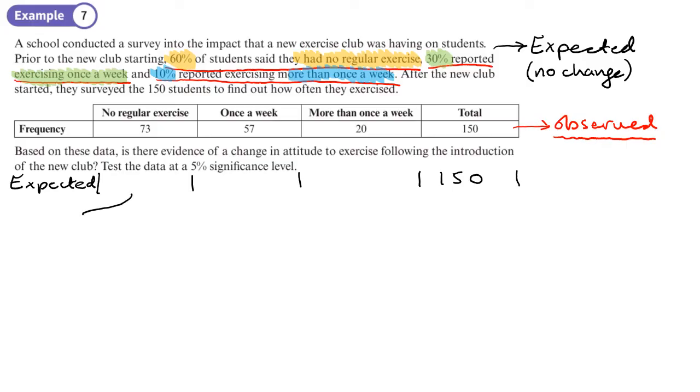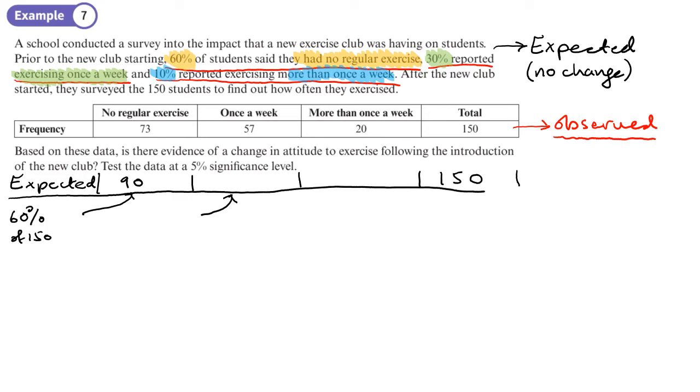So this value here is going to be 60%, no regular exercise. This is going to be 60% of 150. So if we work that out, we get 90. This value here is going to be the one in green, 30% of 150.